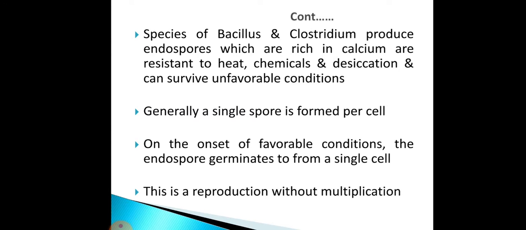Species of Bacillus and Clostridium produce endospores, which are rich in calcium, are resistant to heat, chemicals and desiccation, and can survive unfavorable conditions. Generally a single spore is formed per cell. On the onset of favorable conditions, the endospore germinates to form a single cell. This is reproduction without multiplication.